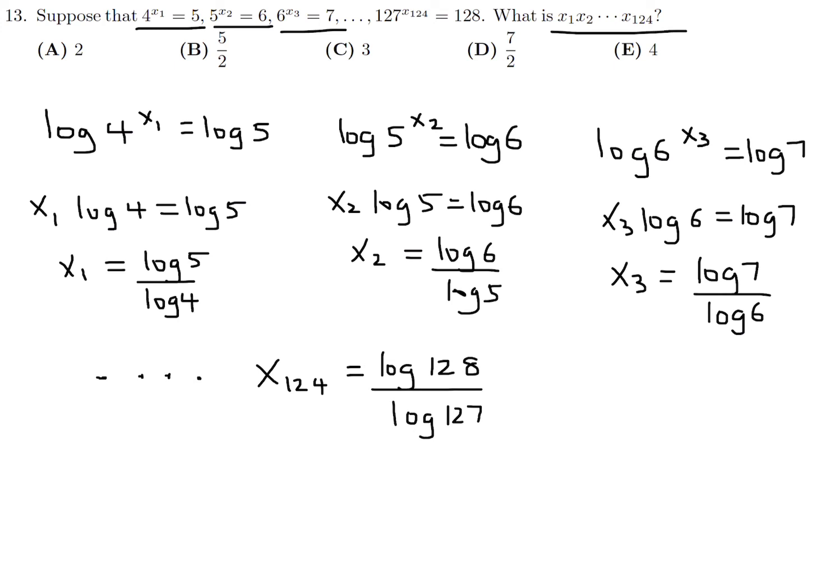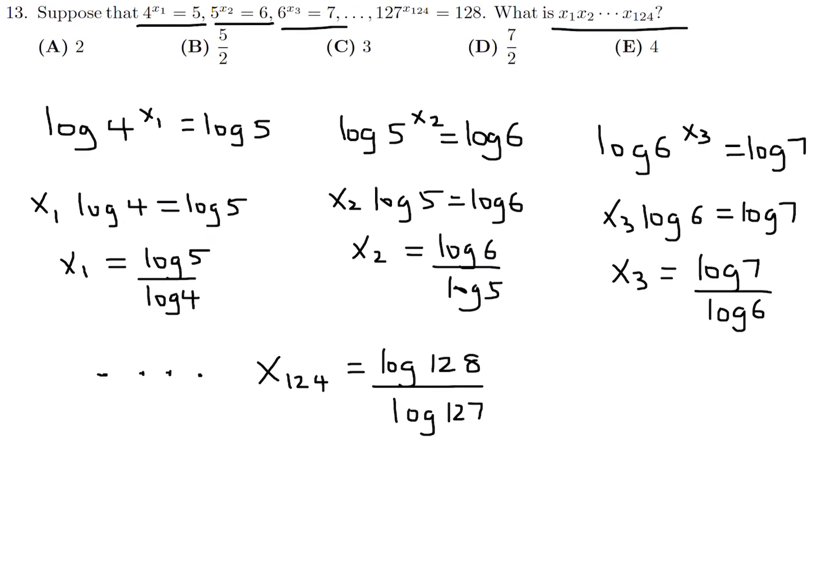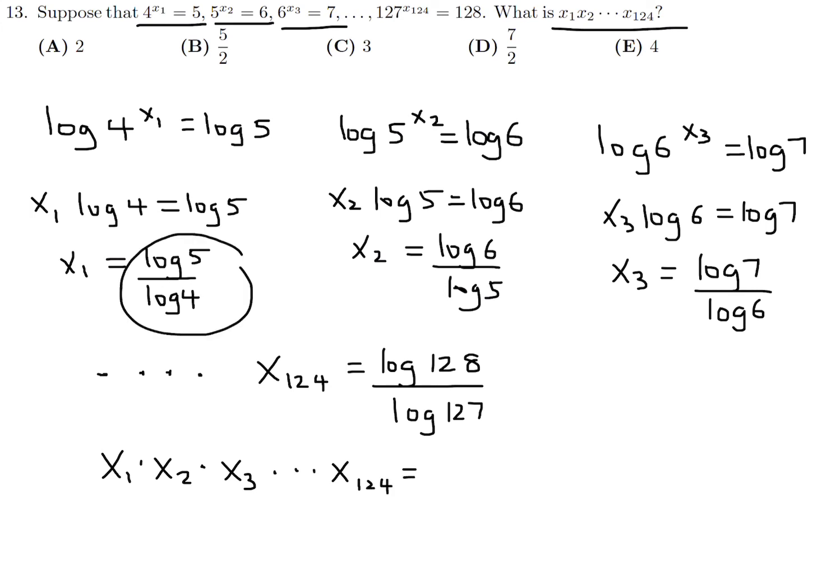Now let's tackle that guy right there, x1, x2 all the way till x124, right? So x1 times x2 times x3 all the way until x124. Well, x1 we got right here is log 5 over the log of 4. x2 is here, log of 6 over the log of 5.